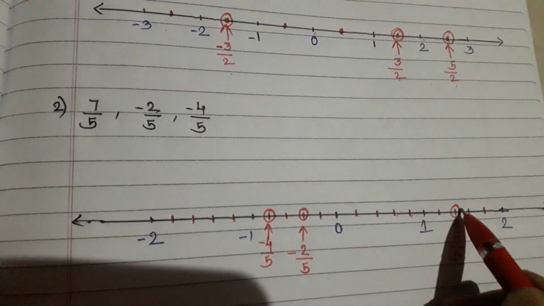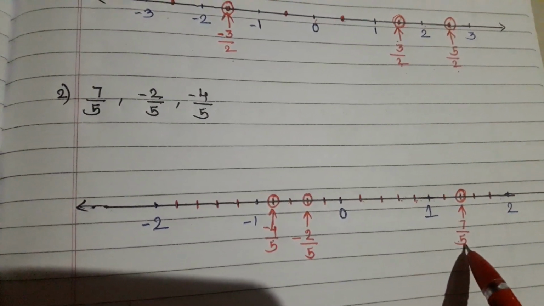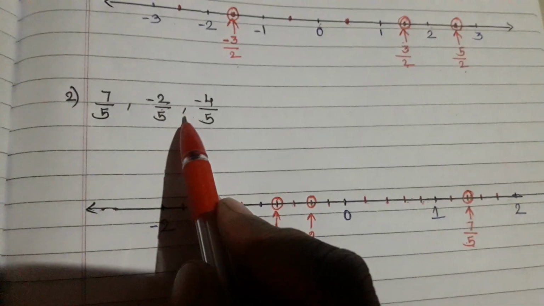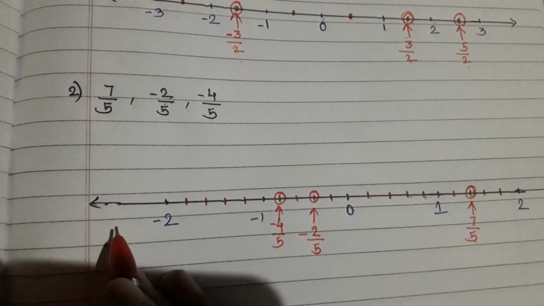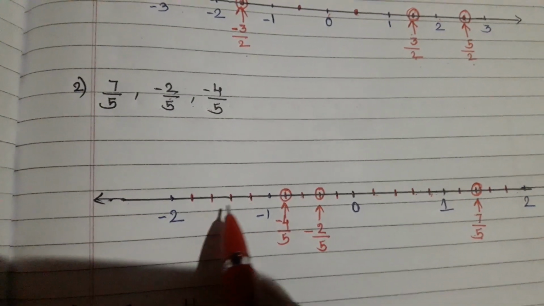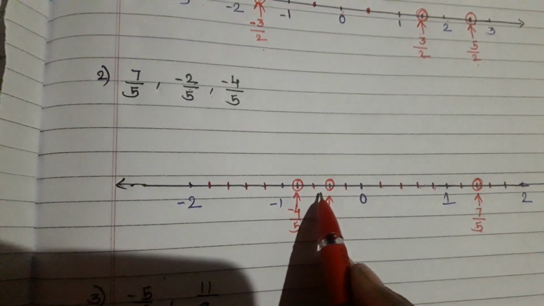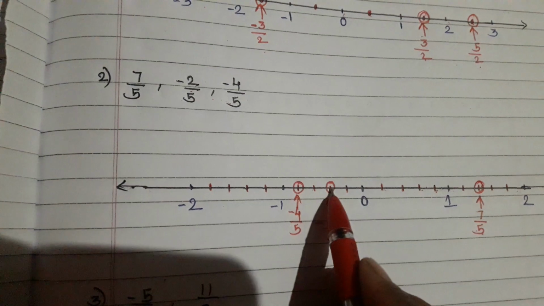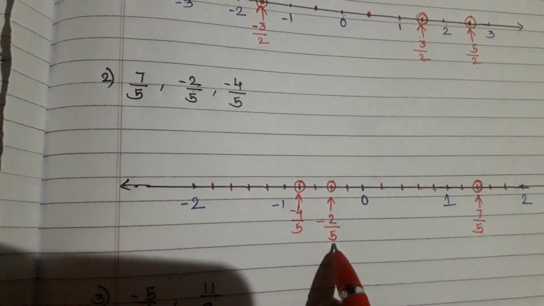This is the seventh point and this denotes the rational number 7 upon 5. Now the next number is minus 2 upon 5. The negative number is on the left side of the 0. Minus 2, that means start from 0 and count to the left side. It is 1 and this one is 2. And this second point denotes the rational number minus 2 upon 5.